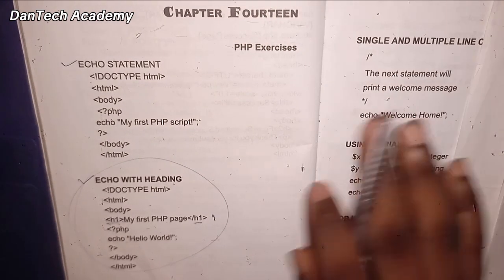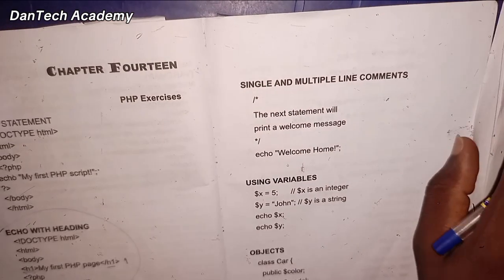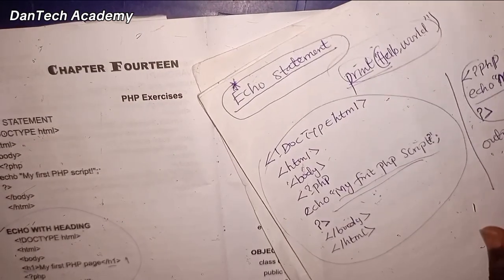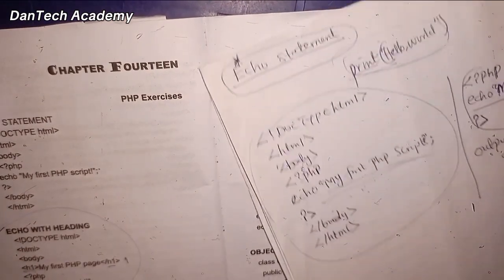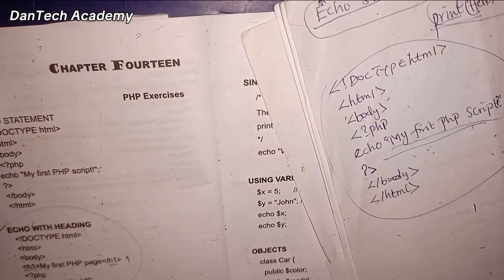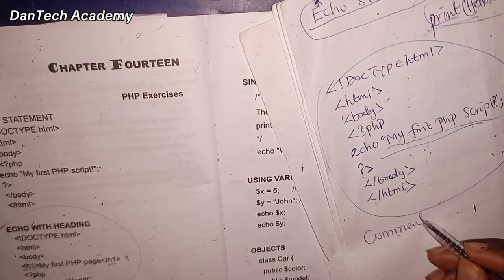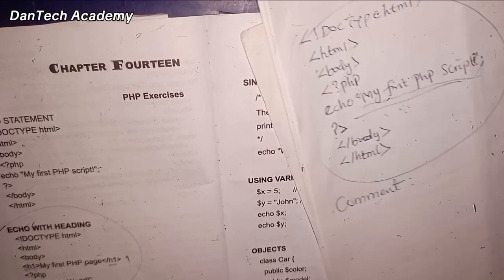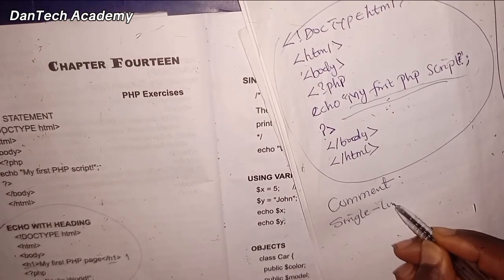So let's move to the third one. The third one says single and multiple line comment. Yesterday in the tutorial, I explained what we call single and multiple line comment. There are about three types. We have the single line.